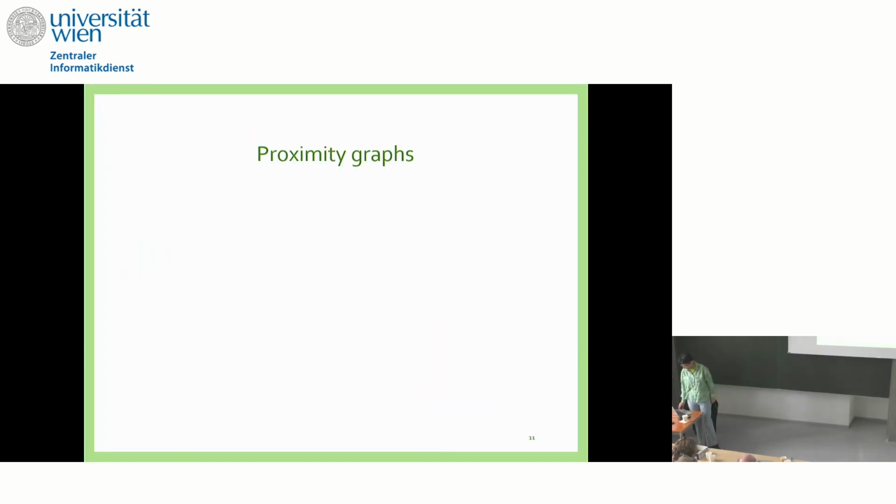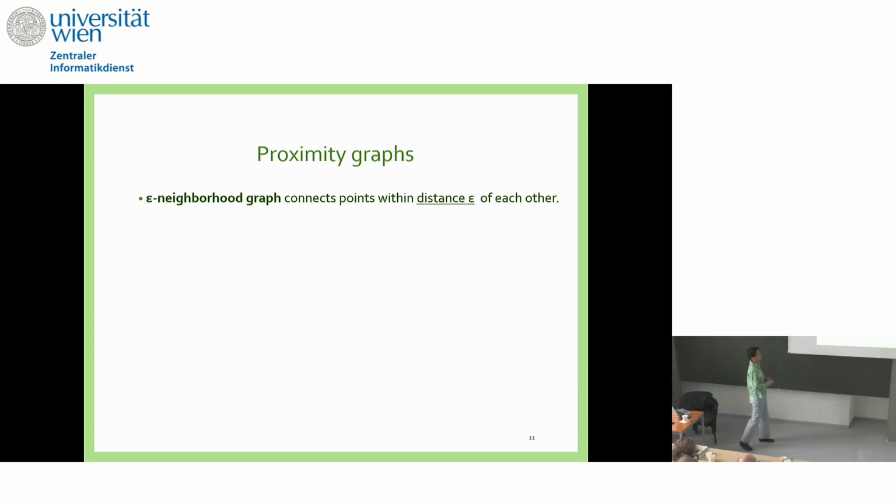So, it's good to know that, in terms of proximity graphs, one can think of a parameter that would give you a notion of neighborhood. These are known as epsilon neighborhood graphs. That would connect the points within distance epsilon of each other, so it has a very generic definition. Then you will think of nearest neighbor graph just based on the given point set.